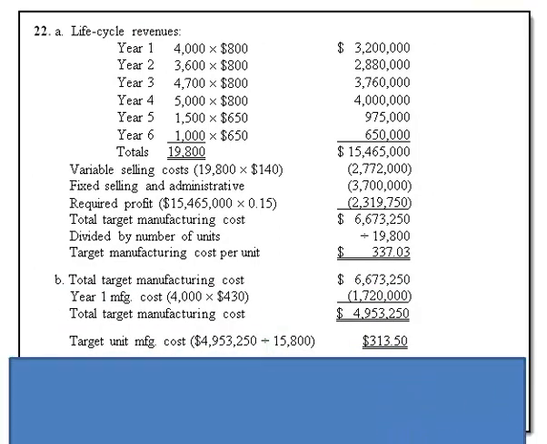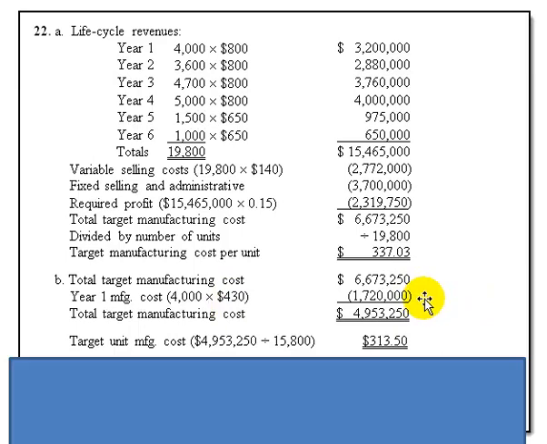What we know for Part B is that the total manufacturing cost is the $6,673,500 we calculated here. We subtract out the first year's cost if it was $430 times 4,000 units. And by the way, we are assuming that sales and production are equal, right? We're not trying to build inventory. So sales and production 4,000 units. That would cost us $1,720,000.